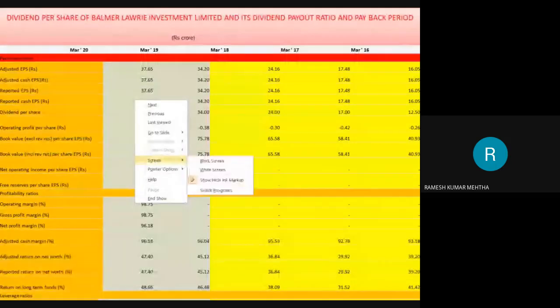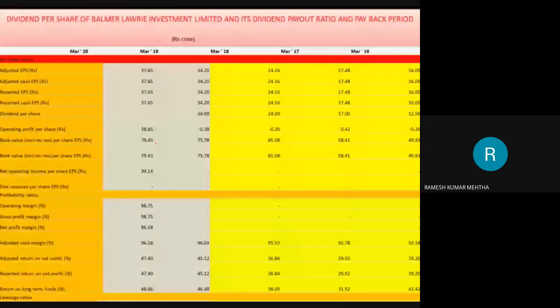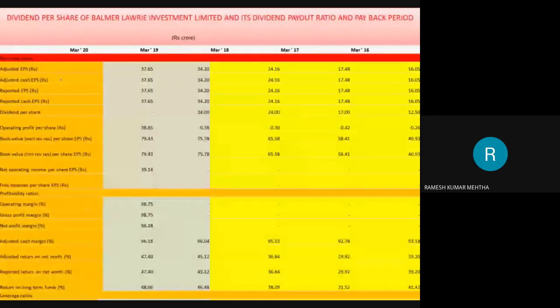If you look at the balance sheet of the company and the ratios there, all these ratios are the normal ones which you have in your textbook: earnings per share, dividend per share, operating profit margin, book value per share, reserves and surplus, profitability ratios, operating gross profit, net profit margin, return on net worth, long-term debt to equity, total debt to equity. Now, the most important one I'm talking about is the dividend payout ratio.